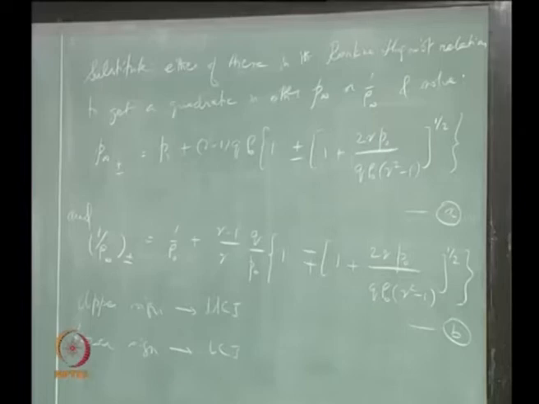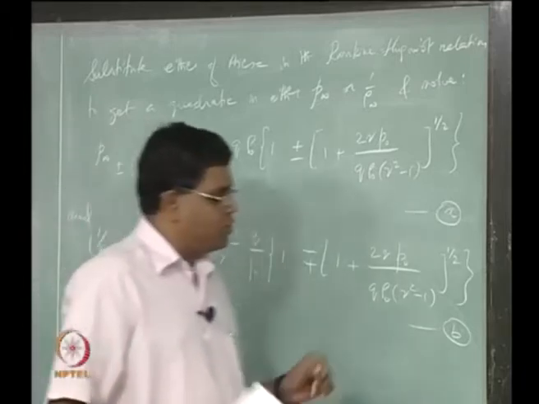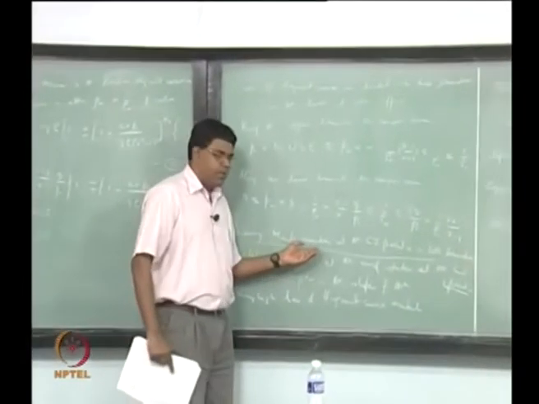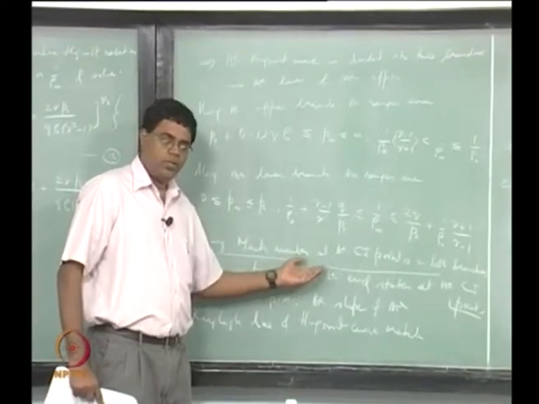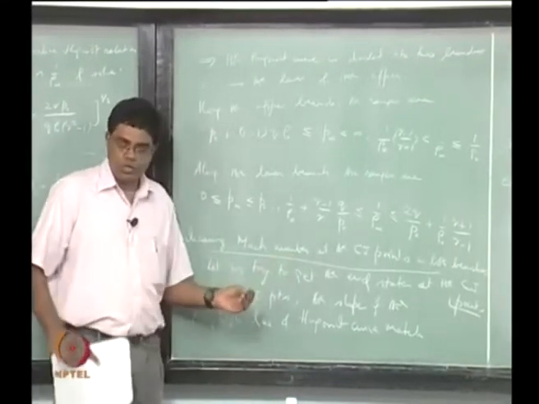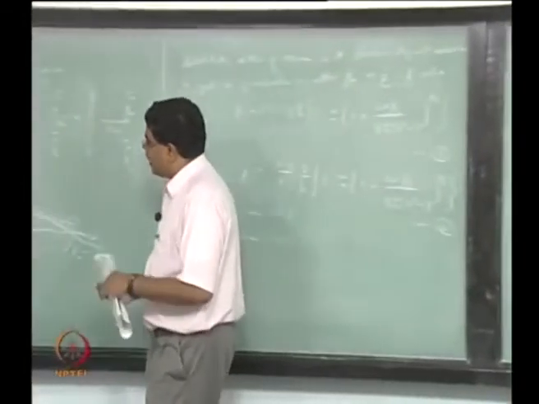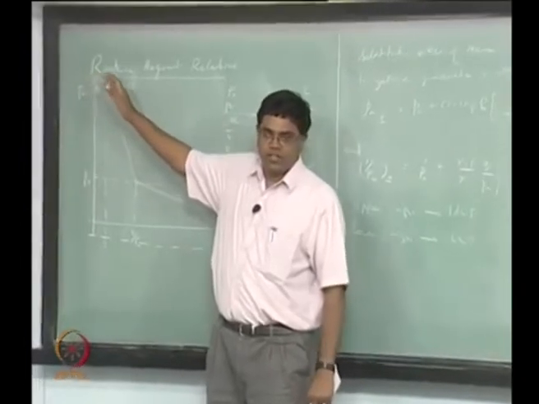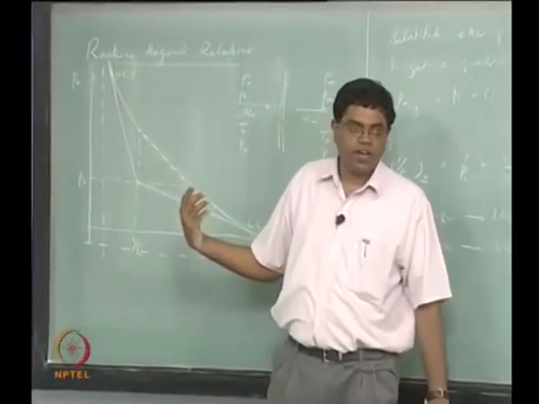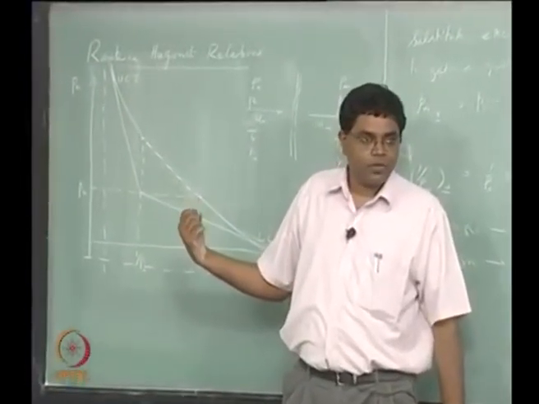Now what we want to do is what do we want to do? Okay, we want to now look at what's the incoming Mach number. Why do you want to look at the incoming Mach number? Because we want to know how fast the Cj detonation wave and the Cj deflagration wave are going to travel, right.